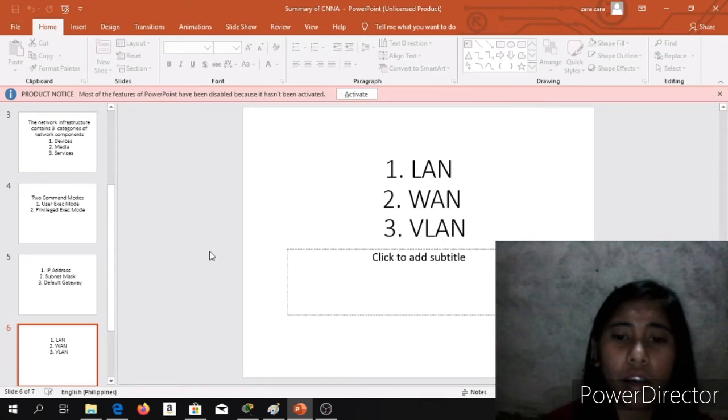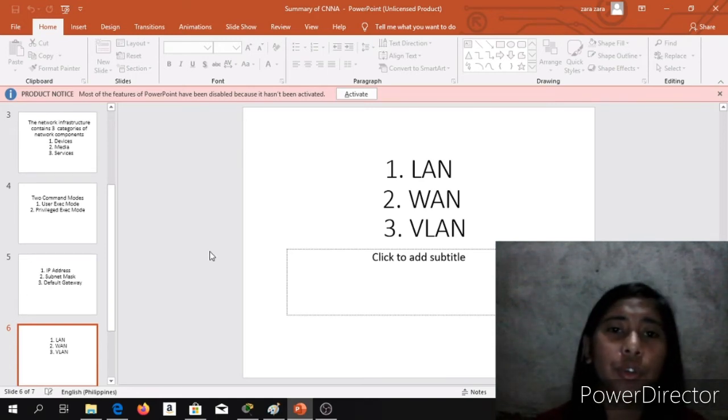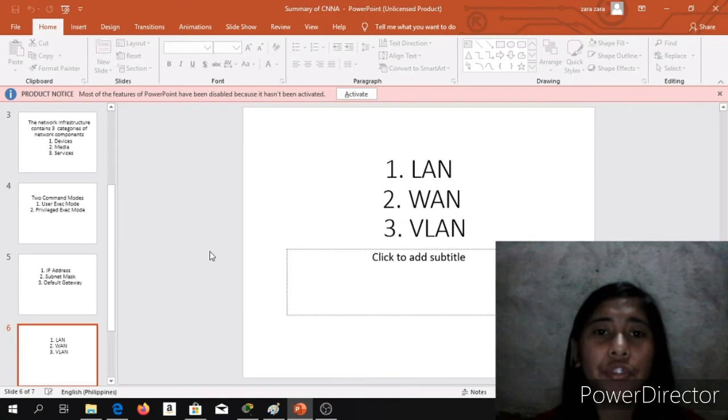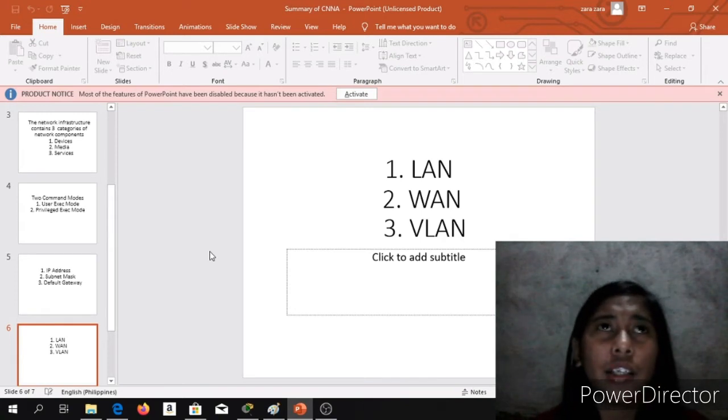And then the VLAN is a group of devices, on one or more LANs, that are configured to communicate as if they were on the same wire. This VLAN is based on logical instead of physical connections.